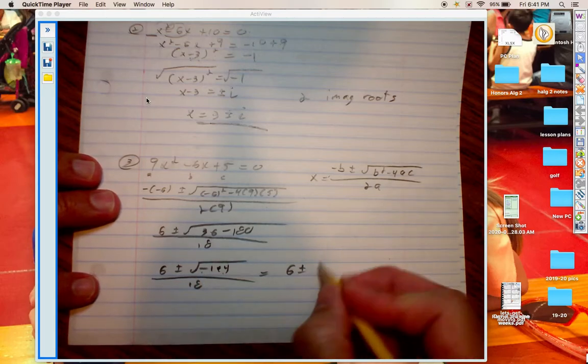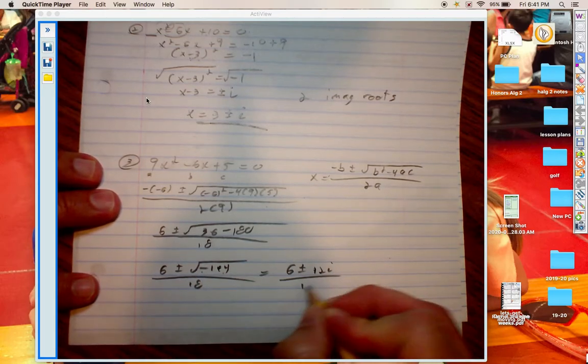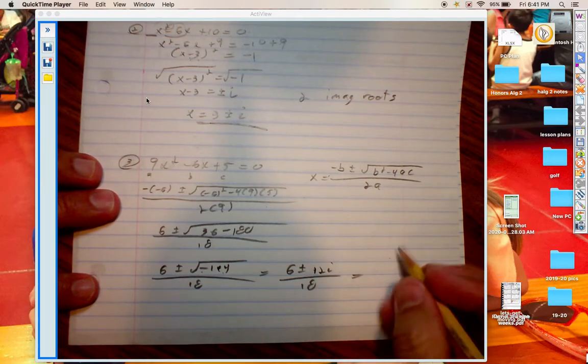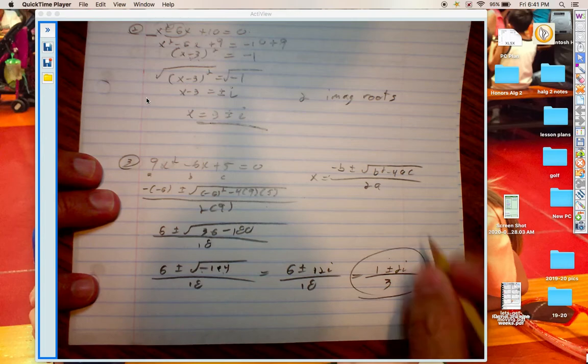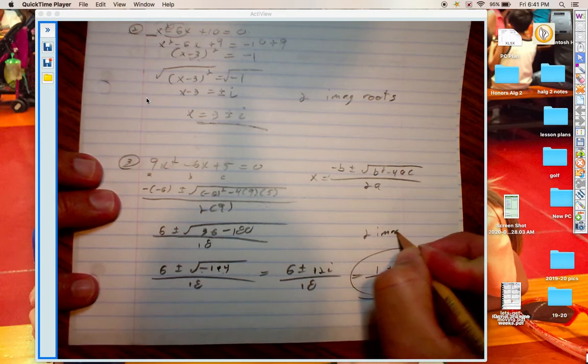Square root of a negative is i, over 18. Take a 6 out of all of them. 1 plus or minus 2i over 3. Again, two imaginary roots.